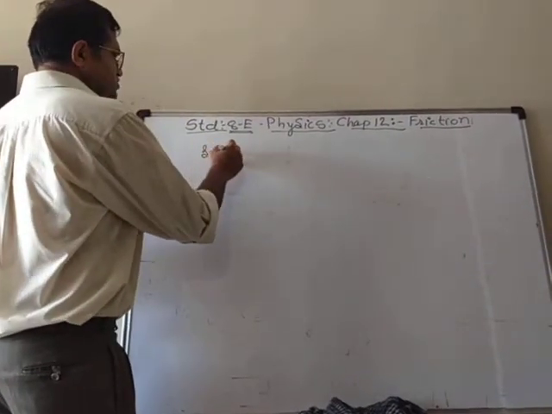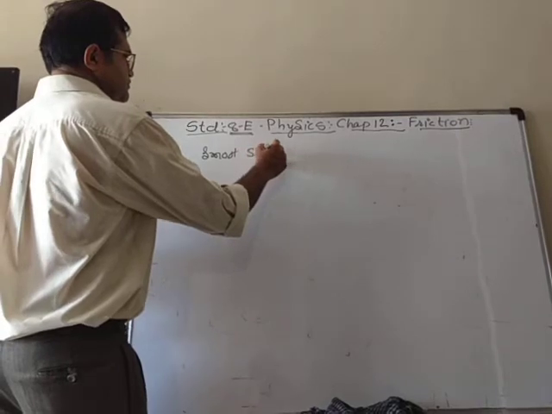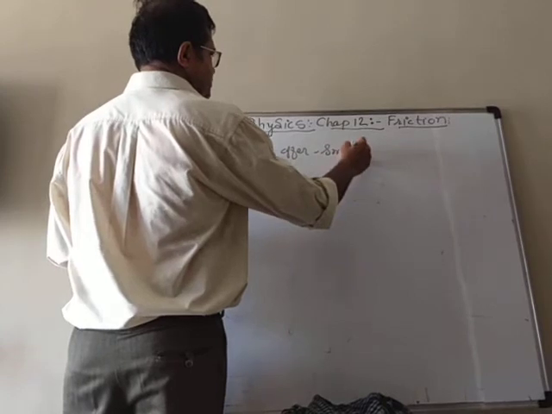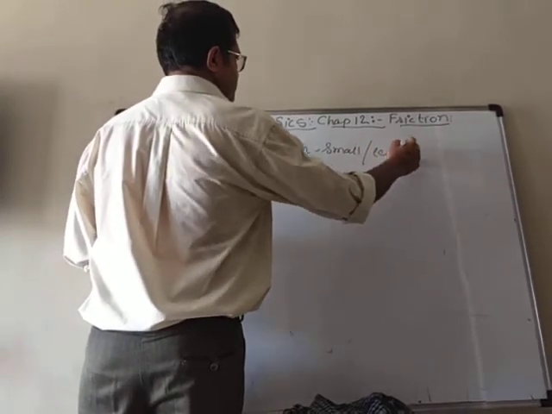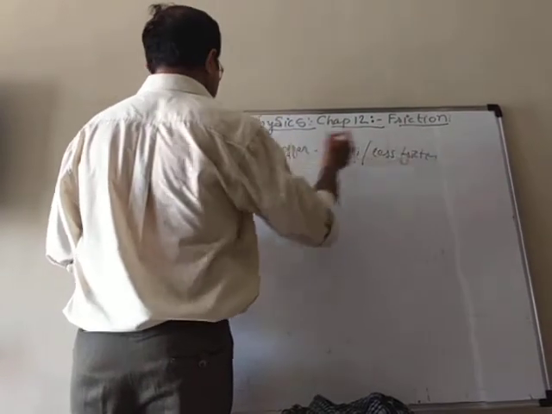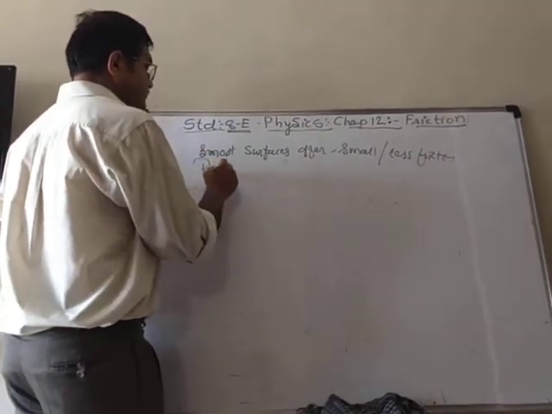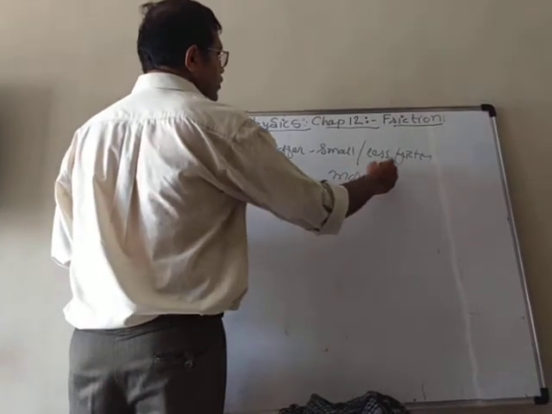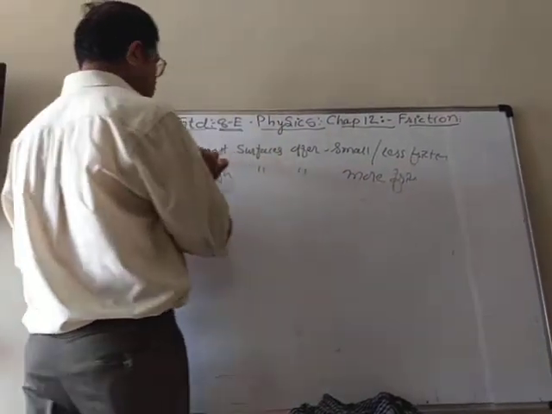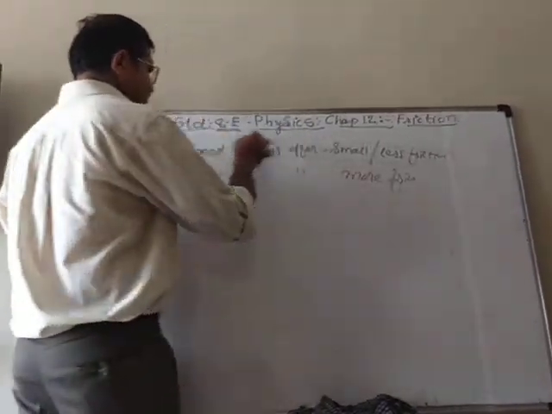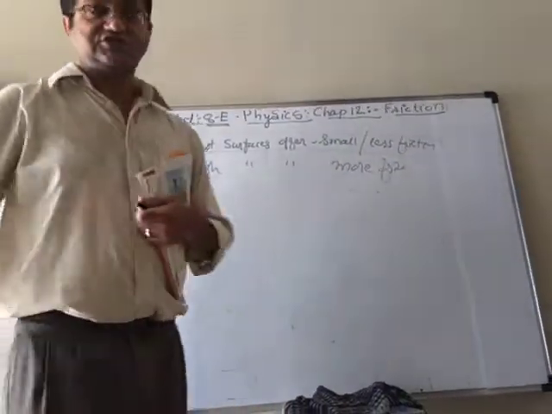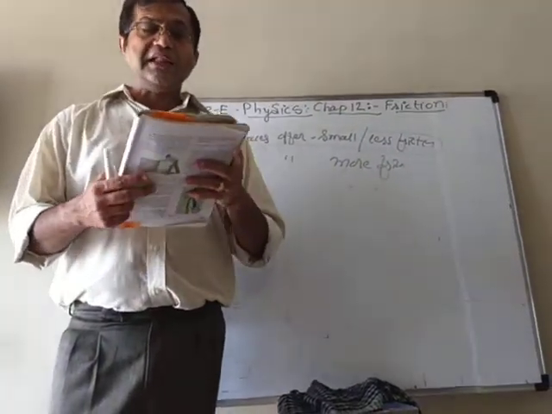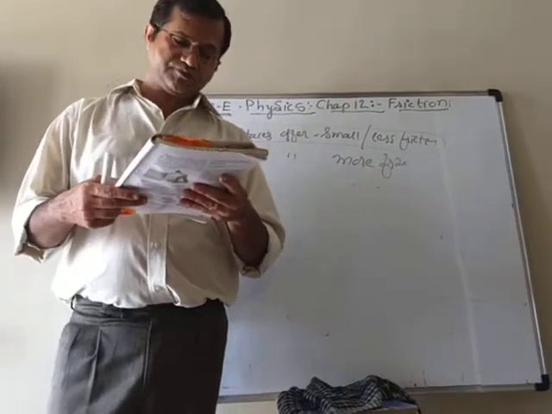We can say that smooth surfaces offer small or less friction, while rough surfaces offer more friction, and therefore on smooth surfaces objects can roll for more distance, and on rough surfaces they roll very little distance.